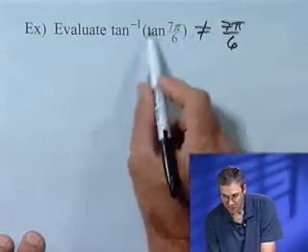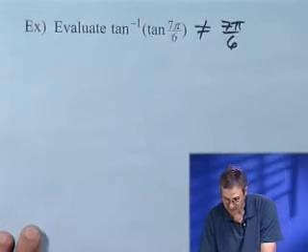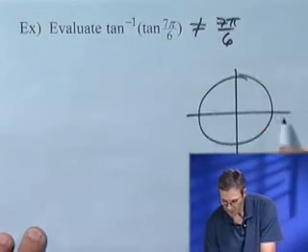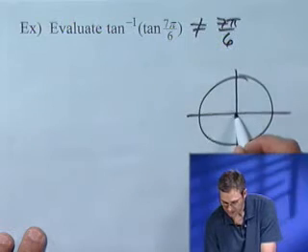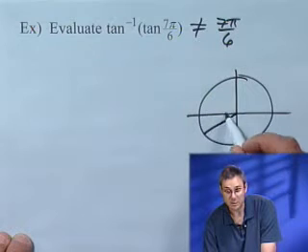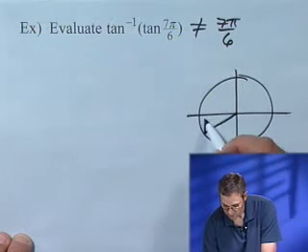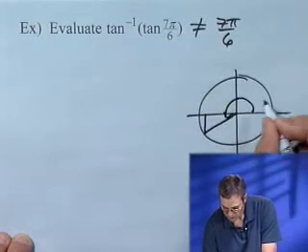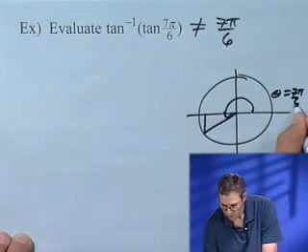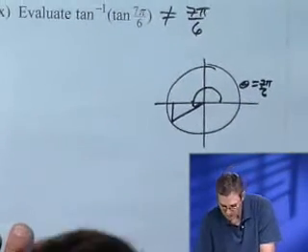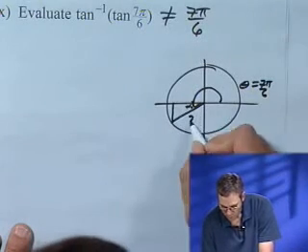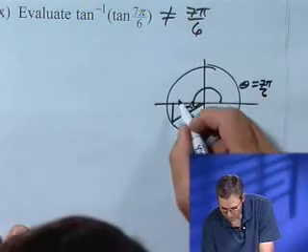First thing we'll do is figure out what the tangent of 7 pi 6 is. Let's see, 7 pi 6 is an angle about to here. Right, there's 6 pi 6 plus another pi 6. So therefore, this is a little pi 6th angle. And I know that I have a 1, 2, square root 3 right triangle.